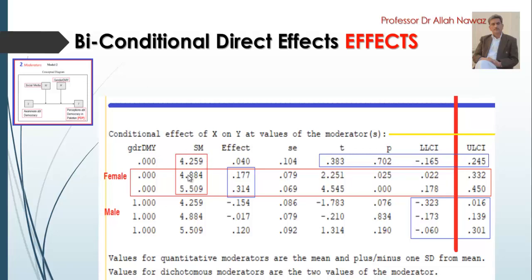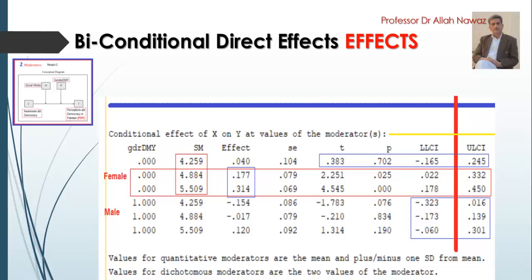The second group, scoring 4.884 on SM, and they are female, they have got a greater effect than 0.045, it is 0.177. It is also significant, we can see it is 2.251. The t-score is far greater than the required 1.96. The p-value is also far less than 0.05.